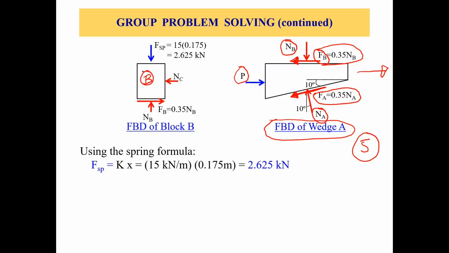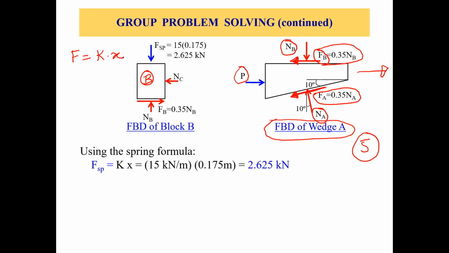First of all, let's find the spring force. The spring force equals K times X, where K is the spring constant and X is the displacement, compression or extension.